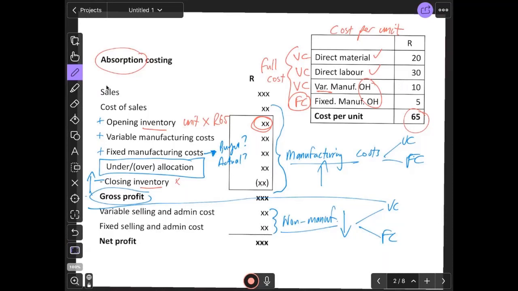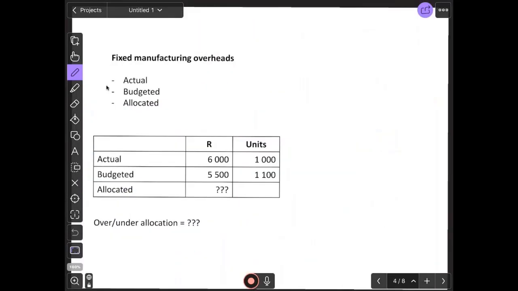We use the allocated fixed manufacturing overheads. So let's look at that next. So these terms are super important. Actual, budgeted, and allocated fixed manufacturing overheads.